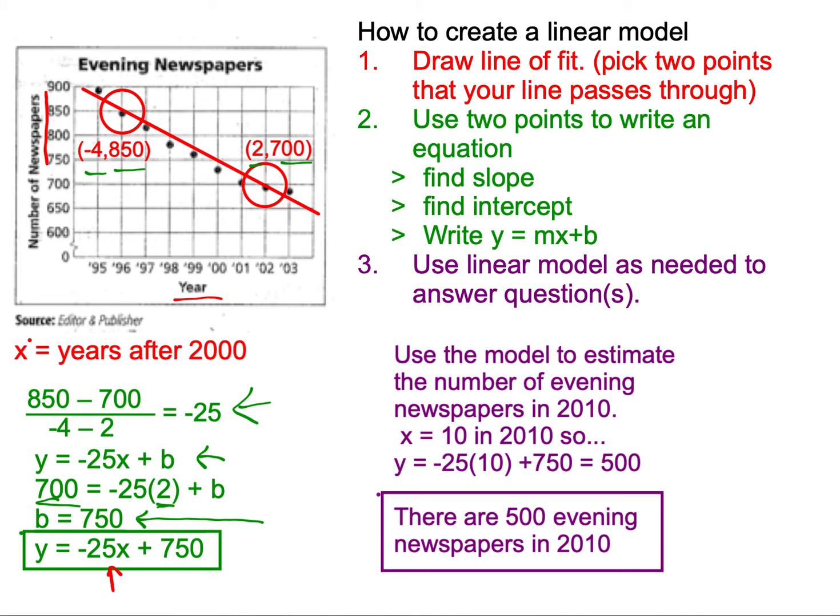It doesn't exactly decrease by 25, but it tends to decrease by 25. The y-intercept here of 750, you need to consider what does it mean for x to equal 0. Well, in this case, x equaling 0 is the year 2000. So there were 750 newspapers in the year 2000.